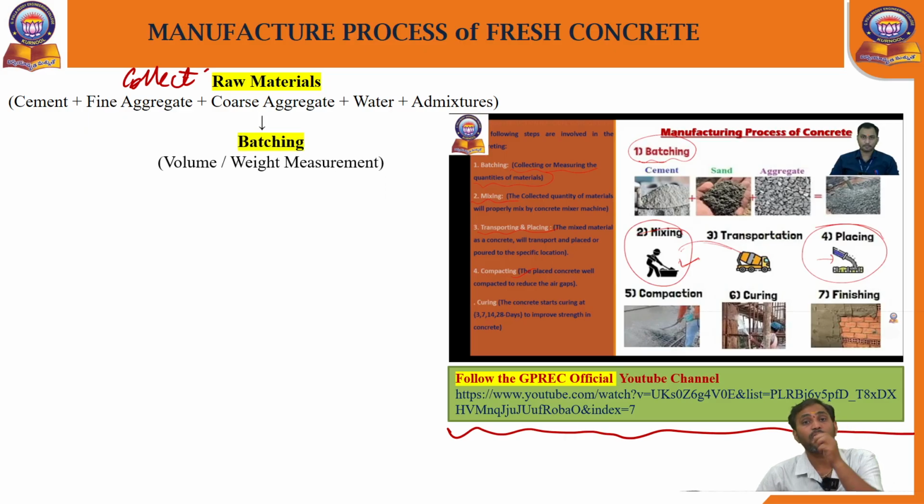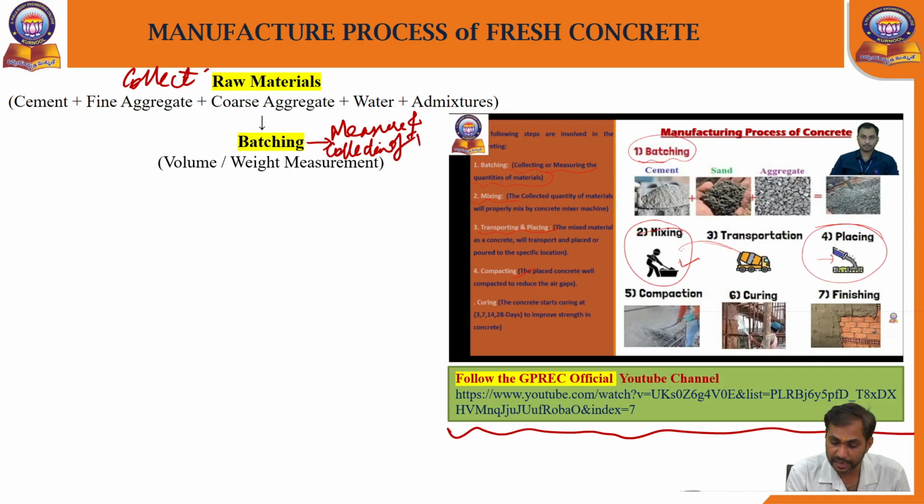After collection of these ingredients, first thing we have to do is the batching process. What is meant by the batching process? Batching process is the measurement and collection of ingredients in the mix proportion.